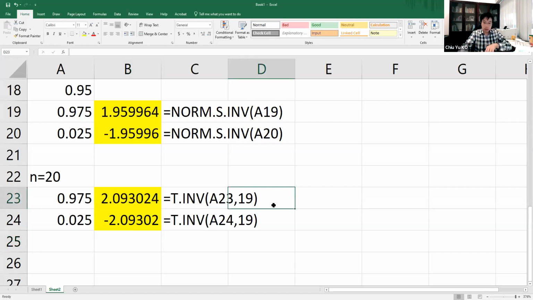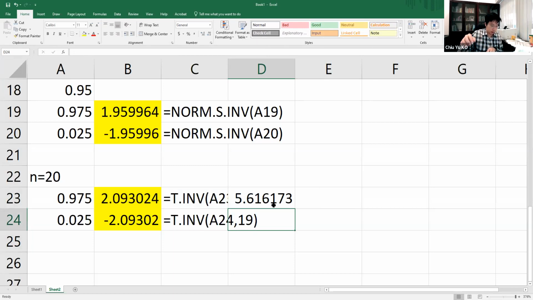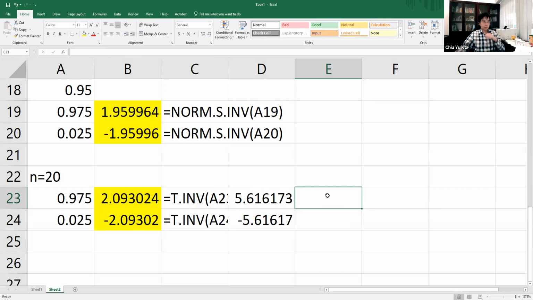This number times 12 over square root of 20 is 5.65. Yes, 15 is a typo.